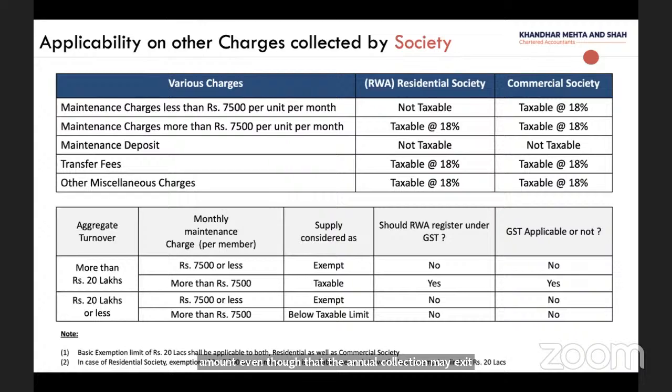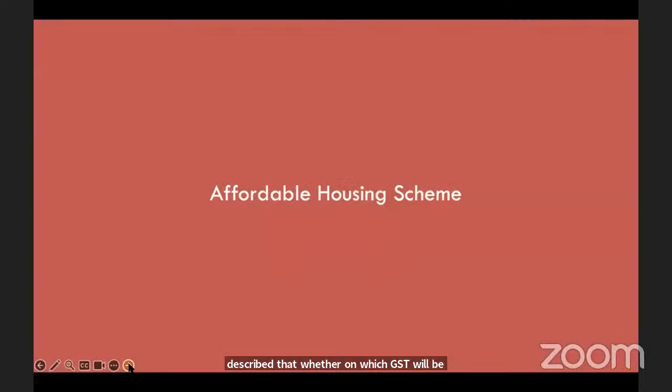And since the entire collection is exempted, I am not supposed to get the registration, because my entire income is an exempted income. So these are some permutation combinations which we have tested, on which GST will be applicable and which exemption can be claimed.